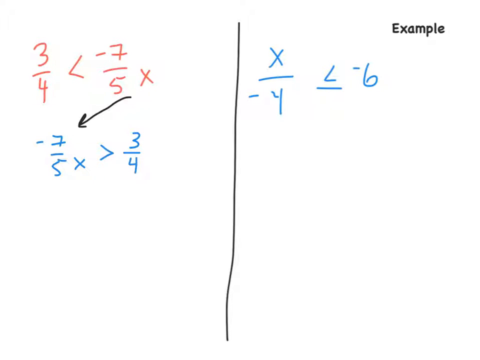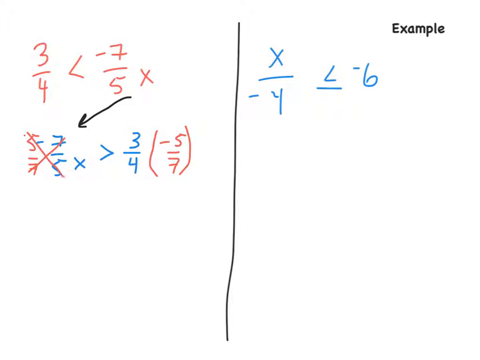Now, to get x by itself, remember you must multiply by the reciprocal. So the reciprocal of negative 7/5 is negative 5/7. Remember, so if we multiply negative 5/7 on the left, we must multiply negative 5/7 on the right.